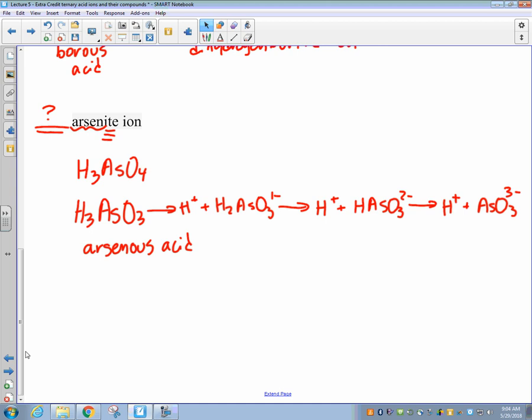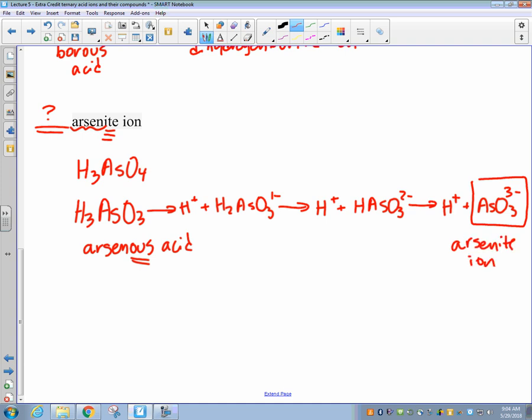And now we can name the species we're looking for here. We had arsenous acid as the acid which formed the ion. Ous acids make ite ions. There are no hydrogens on it, which means this is the one we're looking for right here. This is the arsenite ion.